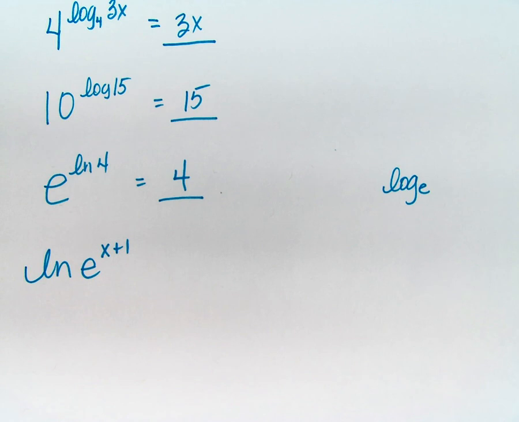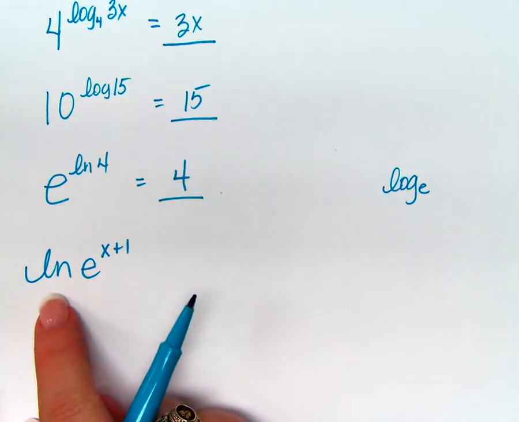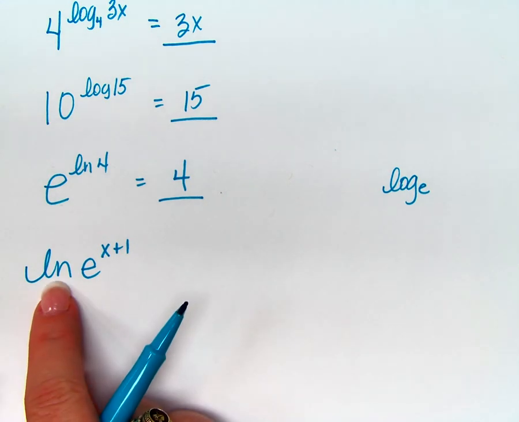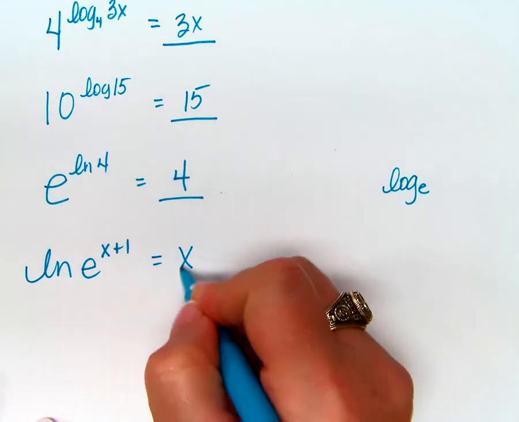It's different, isn't it? This one up here, the log was in the exponent. This one, the log is out front. Are the bases the same? Yes. What's the base of this? E. What's the base of this? E. So what's the answer? X plus 1.